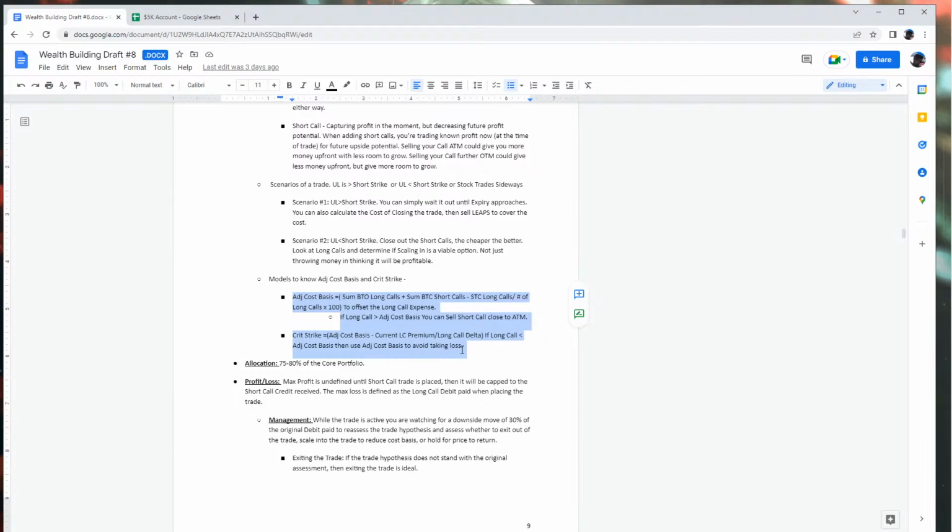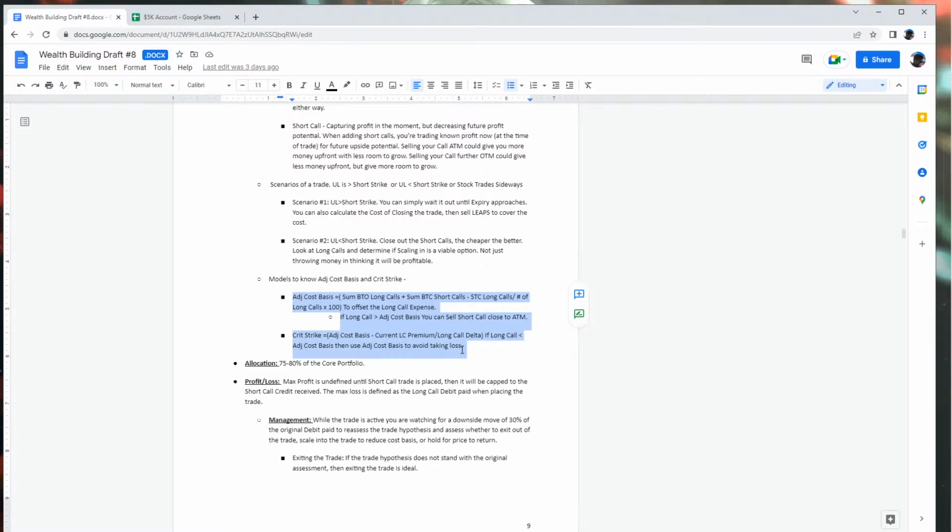These are the two most important aspects of the diagonal strategy, whether you're doing calls or puts. I really feel like it's something you've got to know, and it's something that I've been working on myself, starting with the adjusted cost basis.